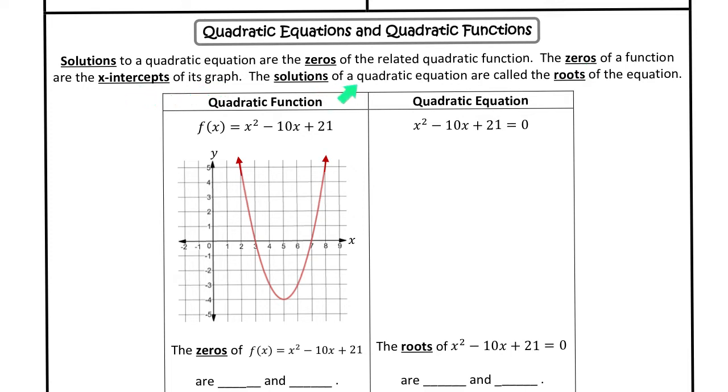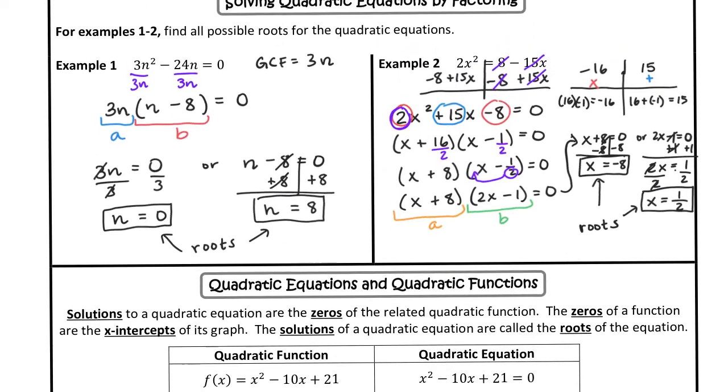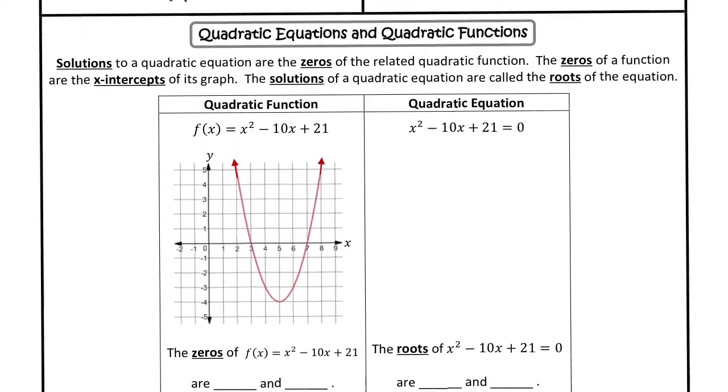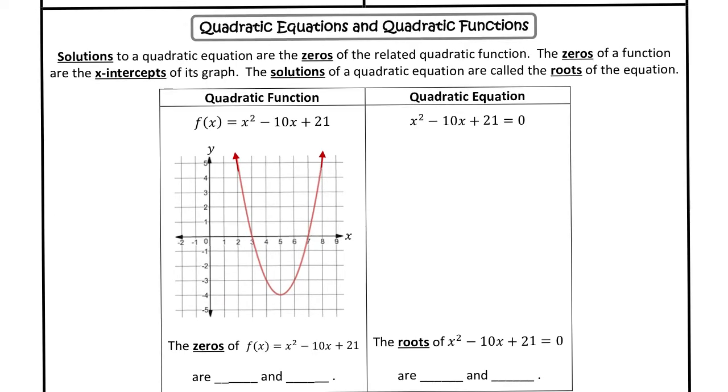And the solutions of the quadratic equation, whatever we're going to work out here and solve, these are the roots, which is kind of like what we were looking for up here in examples 1 and 2, right? So there's multiple terms here: solutions, zeros, x-intercepts, roots. They're all referring to the same thing.